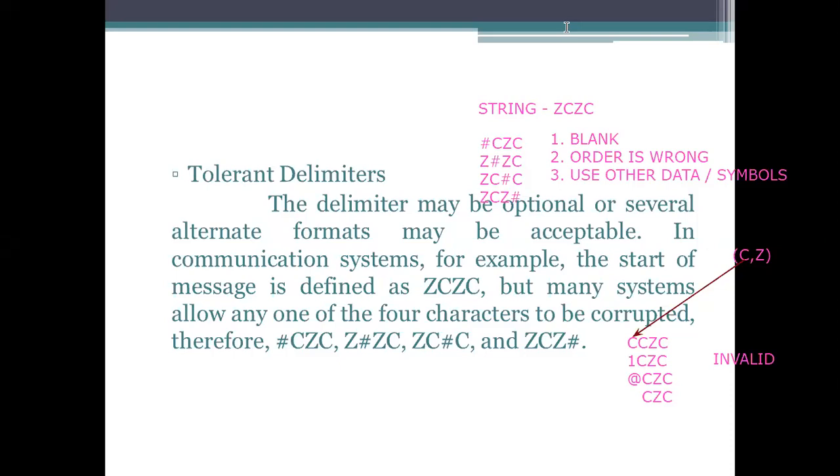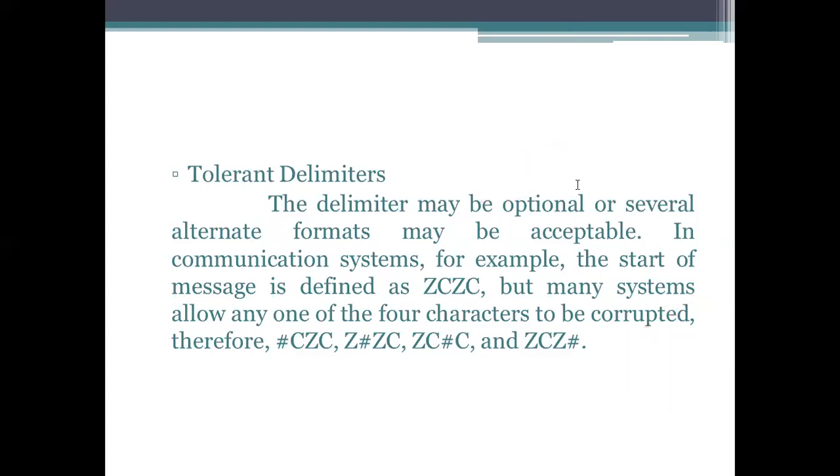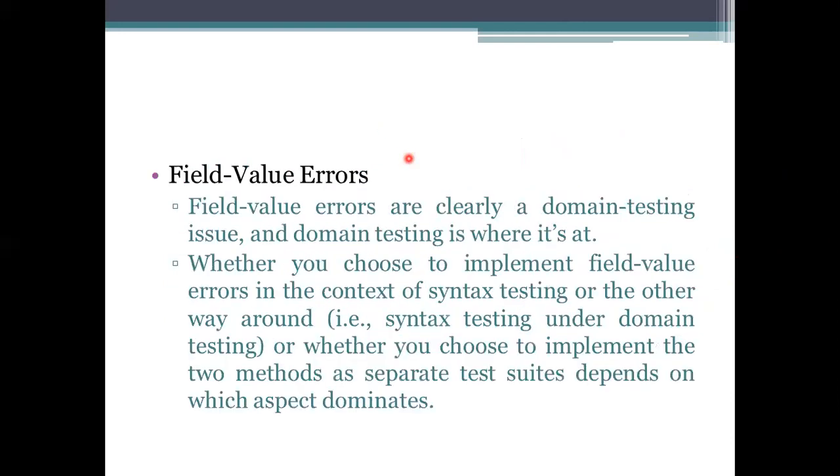And coming to the next one, field value errors. So in this representation, that was about the delimiters. Field value errors means the fields have been specified now. So we should know the fields we are using should have values which suit them.